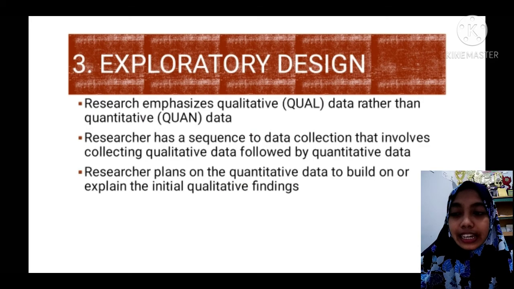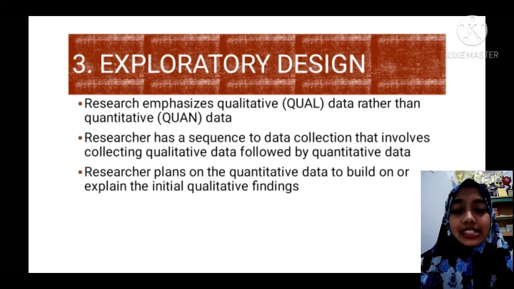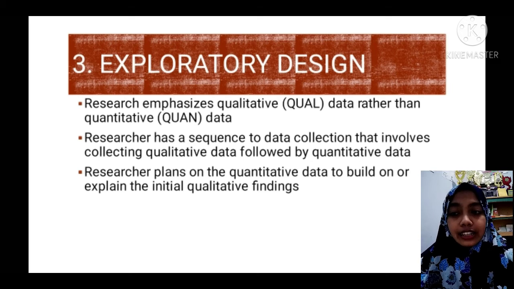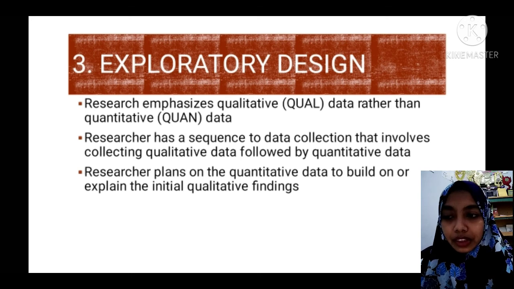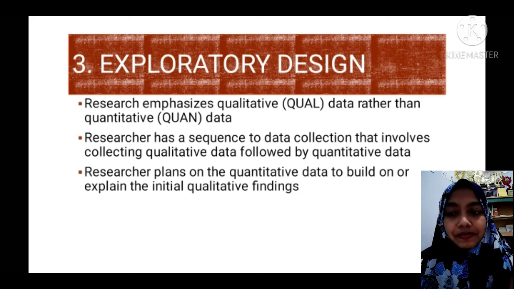The following is exploratory design. This design is used when a researcher needs first to explore a topic using qualitative data before measuring or testing it quantitatively. This design is appropriate when studying a topic which has been little explored, so there is little information about the relevant constructs.